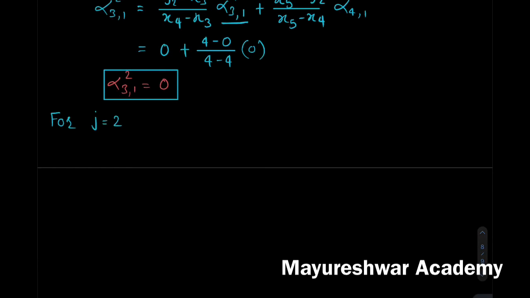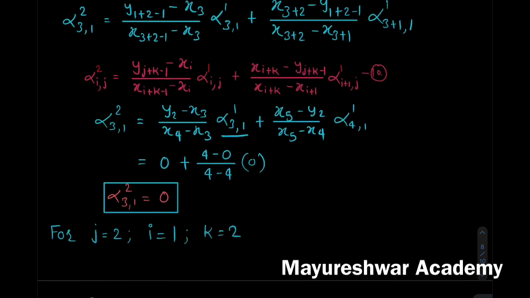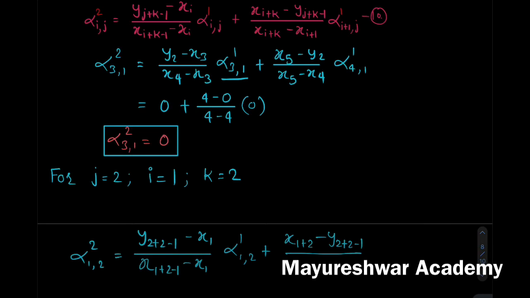So for j is equal to 2 now, so we are incrementing it by 1, and now again i will start from 1, k is still 2, so we are actually finding alpha 1 comma 2 is equal to, okay, keep this equation visible, so that y2 plus 2 minus 1 minus x1 divided by x1 plus 2 minus 1 minus x1, and alpha 1 comma 2 plus x1 plus 2 minus y2 plus 2 minus 1 divided by x1 plus 2 minus x1 plus 1, and alpha 2 comma 2.